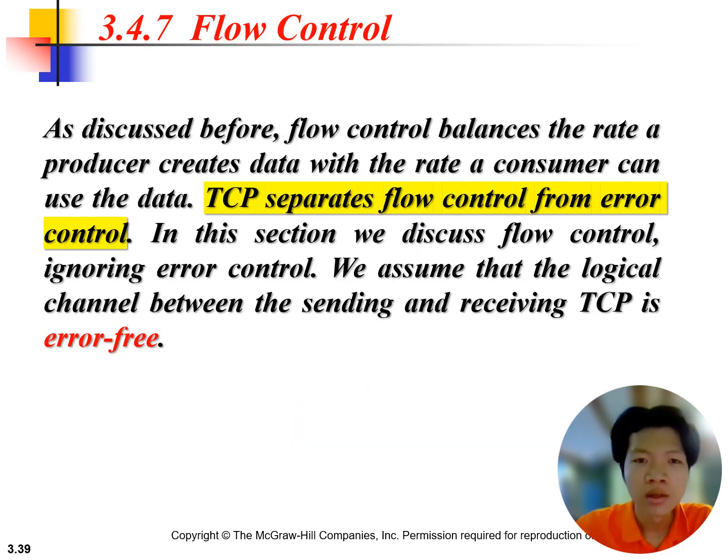Flow control. As discussed before, flow control balances the rate a producer creates data with the rate a consumer can use the data. TCP separates flow control from error control, and between the sending and receiving TCP, flow control is error-free.